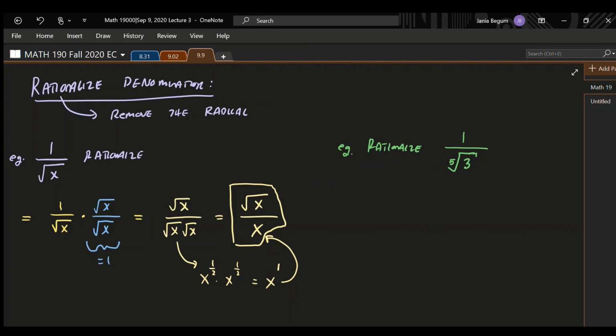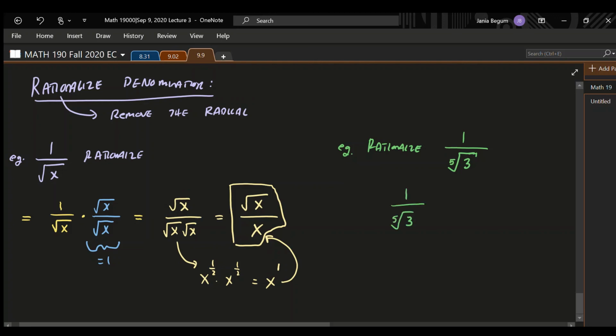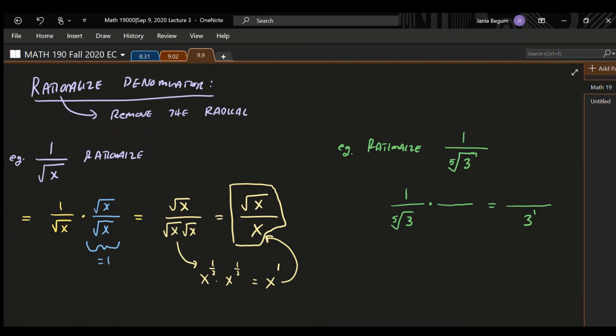You have to think about it a little bit more. So what do we want? We have 1 over fifth root of 3. We want to multiply by some magical factor or a magical 1 so that our result is just 3 on the bottom, or 3 to the power 1. That's what we want. So that way we get rid of the radical symbol.